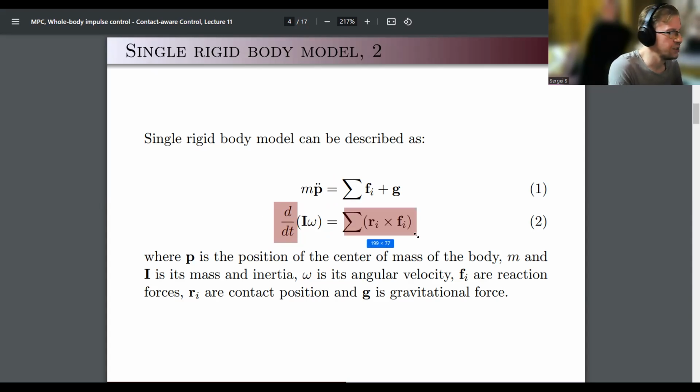Here, the only torques that we have are the torques associated with the reaction forces. So we assume no direct torques acting on the body. And importantly, we ignore gravity, which implies that the coordinate system is chosen in such a way that the torque associated with gravity would be zero.